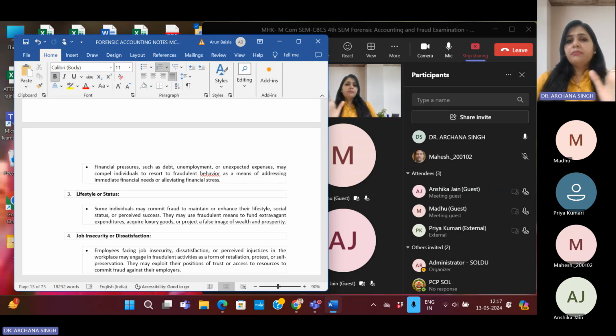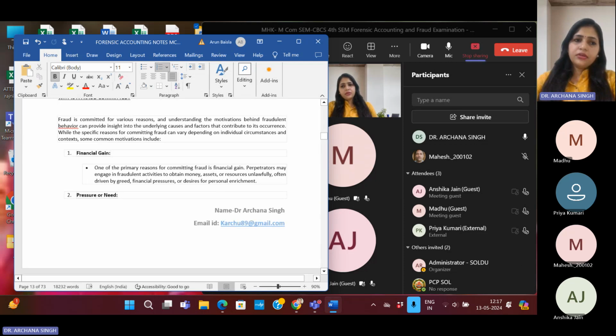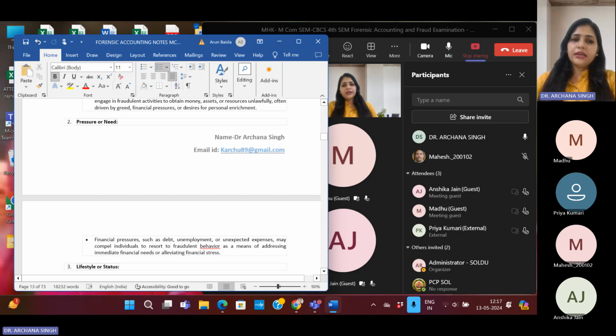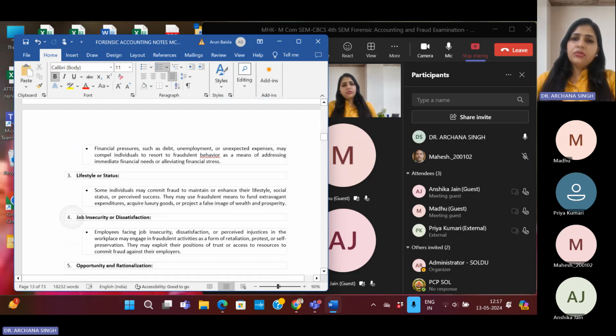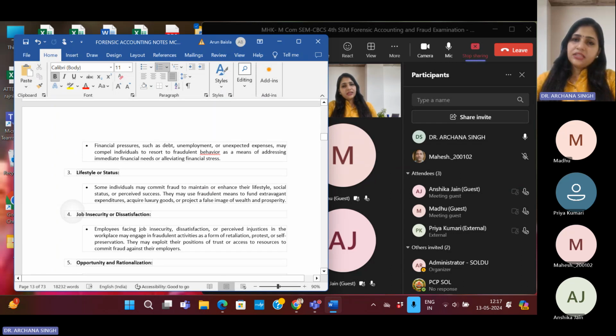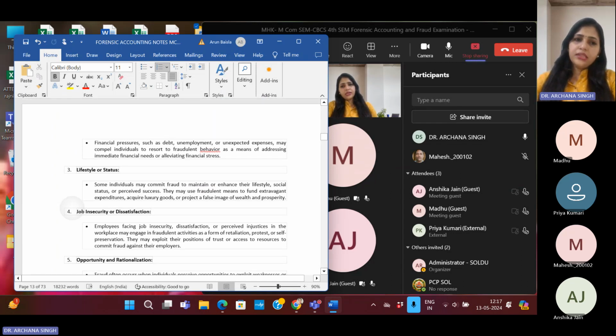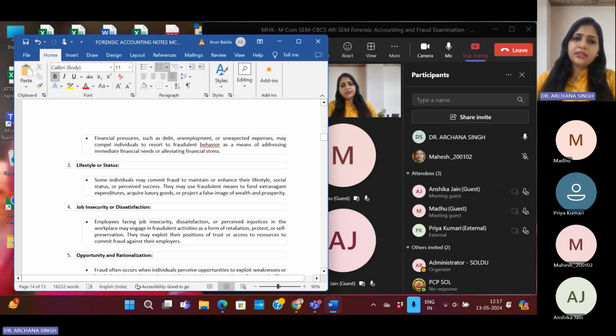These things may pressurize the individuals to do a fraudulent behavior by addressing immediate financial needs or alleviating the financial stress. So this is the second motivating behavior for fraud: they have pressure and need for financial things, like they are unemployed, they have a lot of debt, or unexpected expenses. So in that case they can do the fraudulent activity.